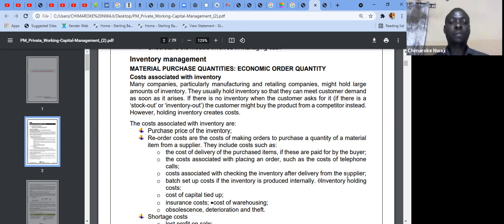Now there are costs that are associated with holding the materials in your hand. So what are some of those costs of holding inventory? It includes the purchase price of the inventory.